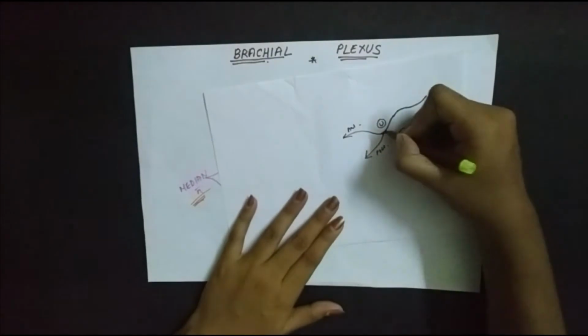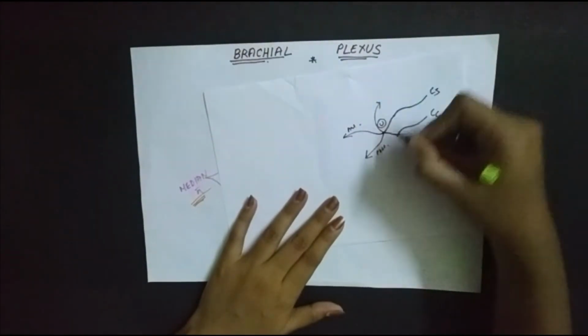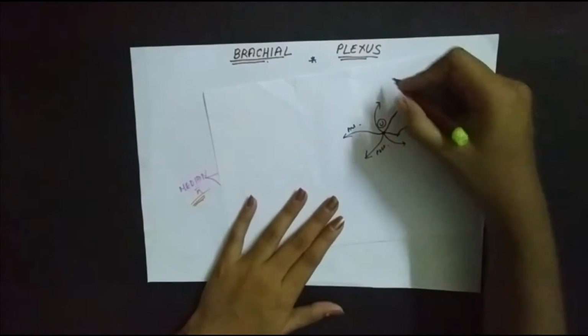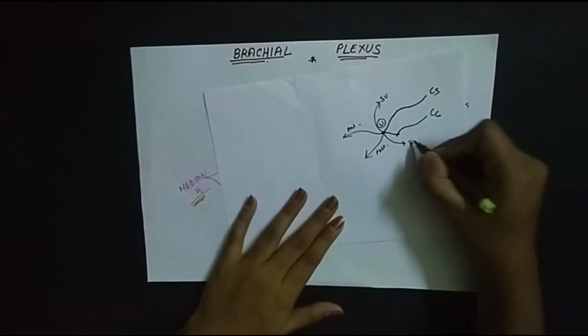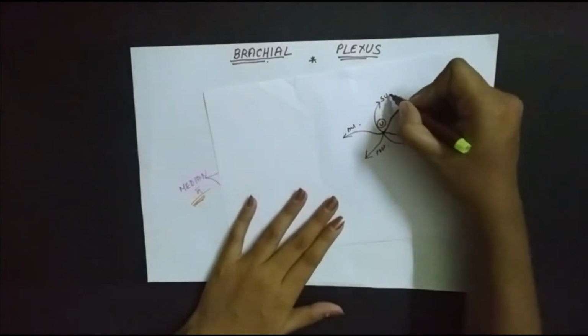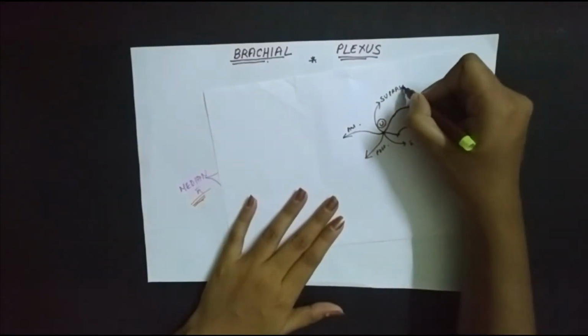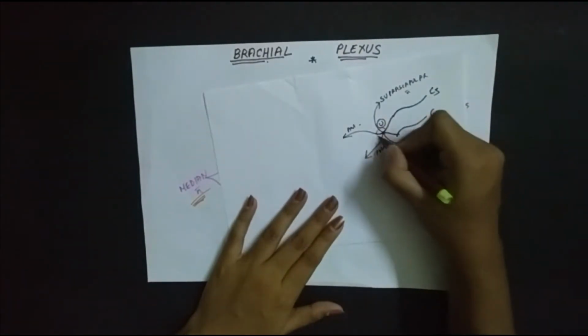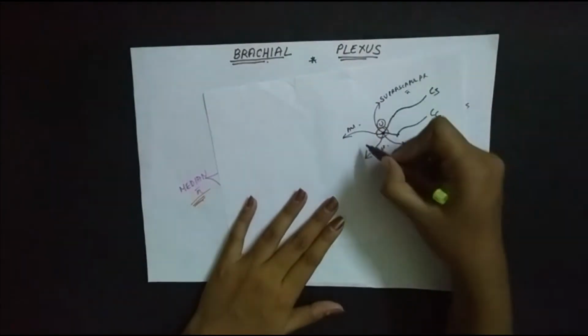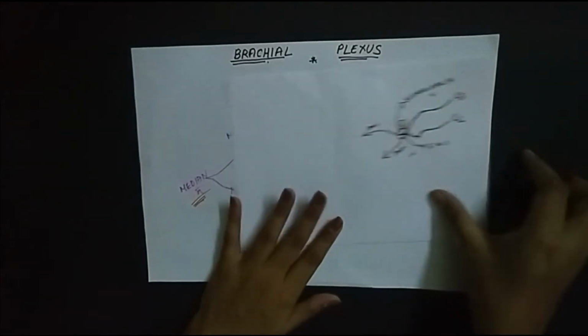Okay, and now two more nerves arise before giving the divisions. What are they? There is the nerve to subclavius and the suprascapular nerve. Okay, so this point of meeting of the 6 nerves is called the Erb's point. I hope it's clear to you.